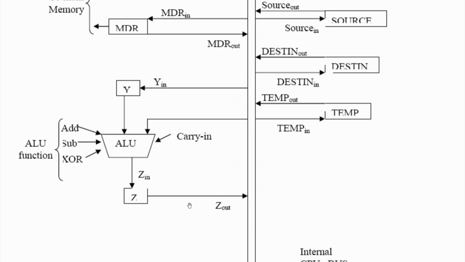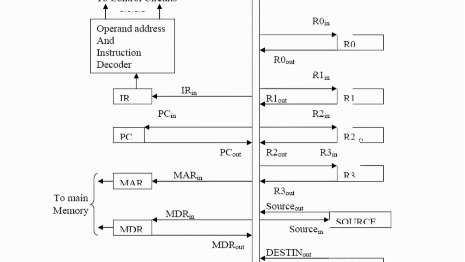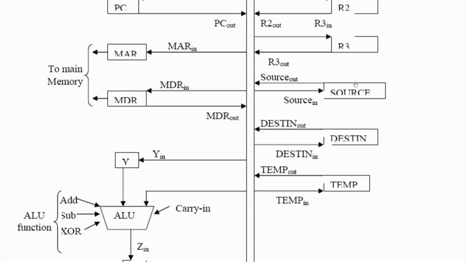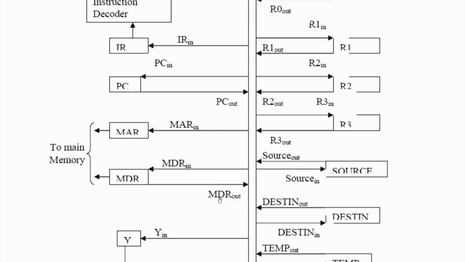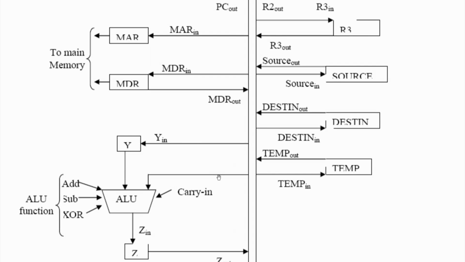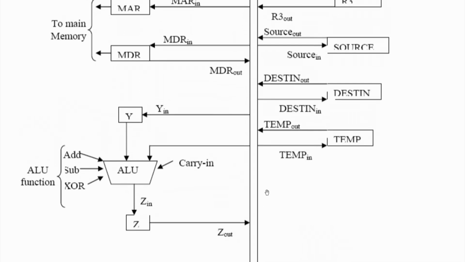Let us count how many input and output ports there are. There are 4 user registers and 3 system registers, 7 into 2, 14. Then 15, 16, 17, 18, 19, 20, 21, 22, 23.